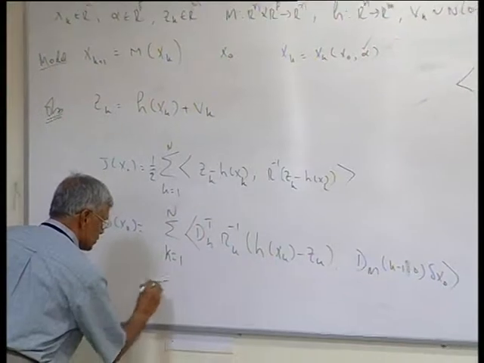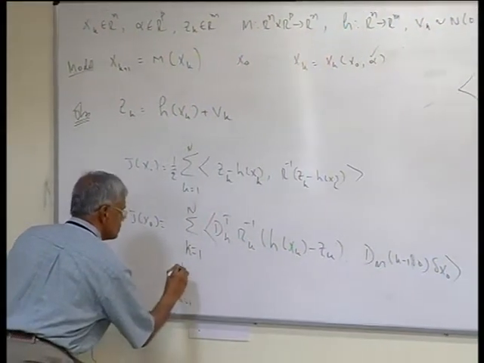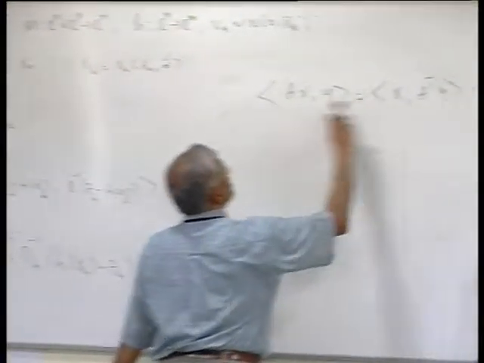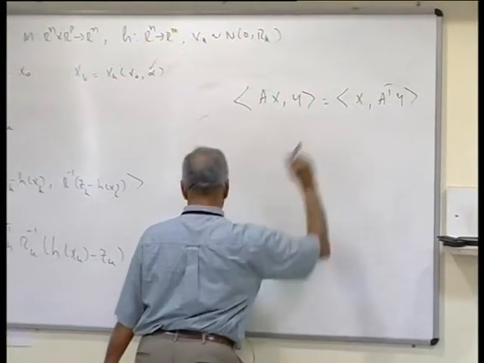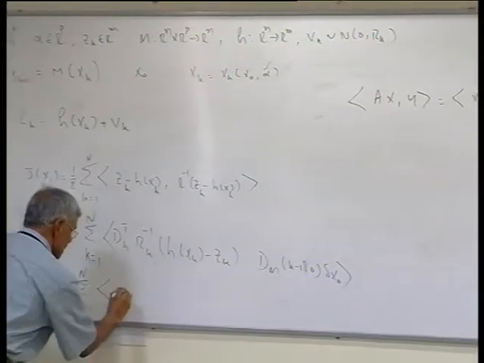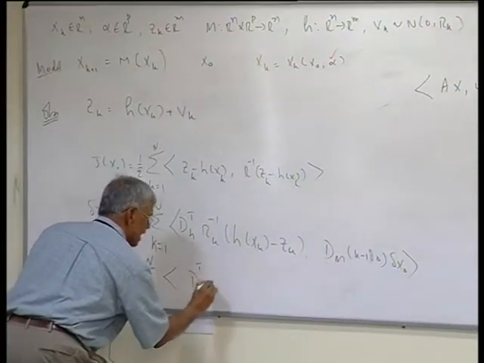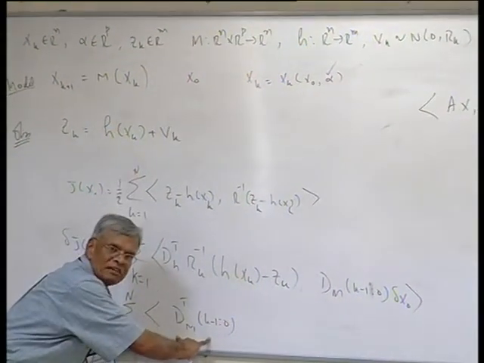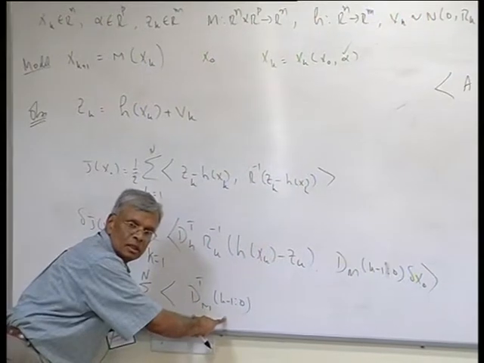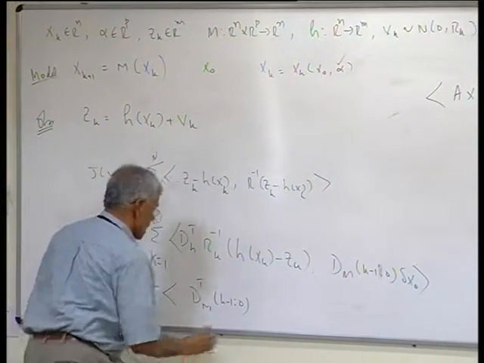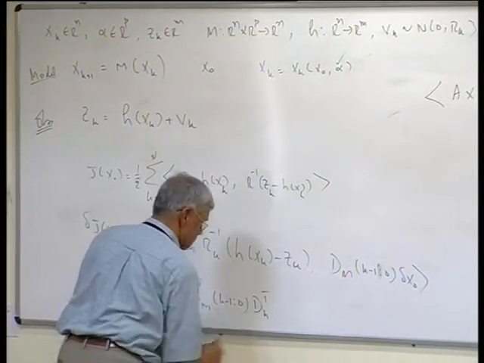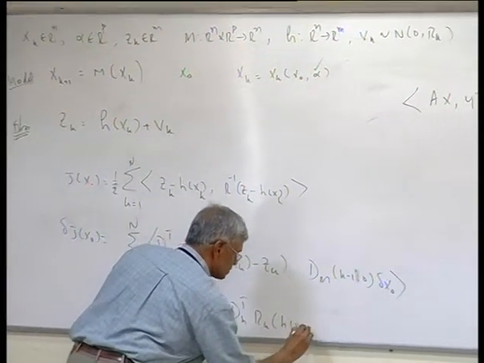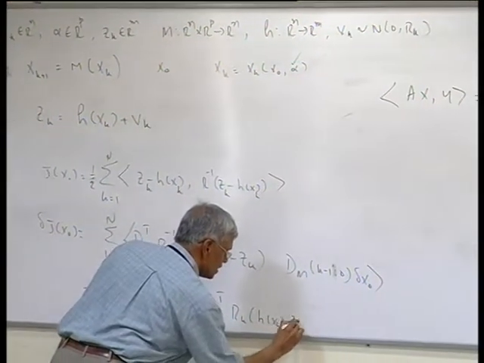So I can say this is equal to the sum, k is equal to 1 to n. I have to take the transpose. So if this is A transpose, this is A. So this is the transpose of that. I have to take the transpose of this: D m transpose k minus 1 colon 0. This is a monster of a matrix. Are you all with me? But I can handle it. D h transpose R k inverse h of xk minus zk.